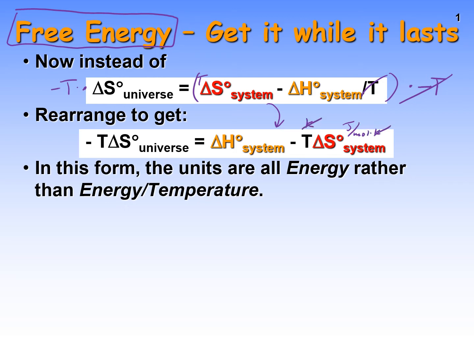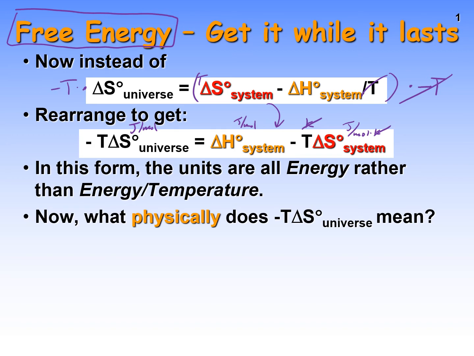Notice when these two are multiplied together, the Kelvins cancel. Delta H is always just in joules per mole, and the same thing is true here. Now we're in joules per mole here. So this is a much more favorable situation because everything's in energy units as opposed to energy units per temperature.